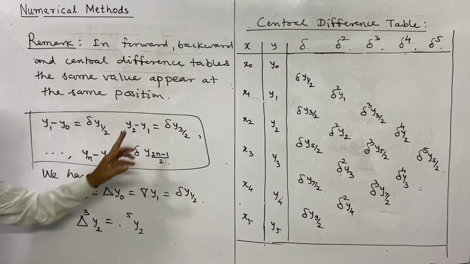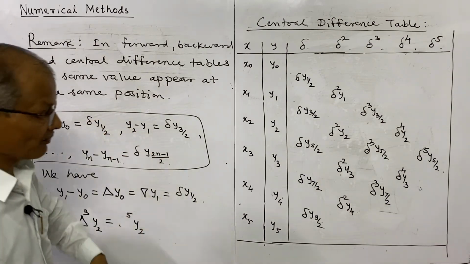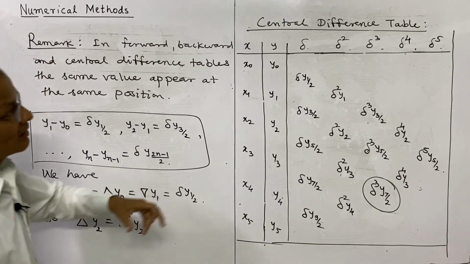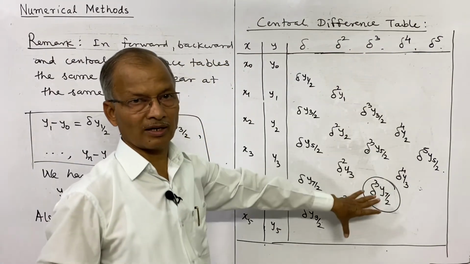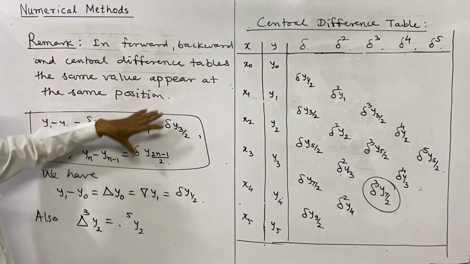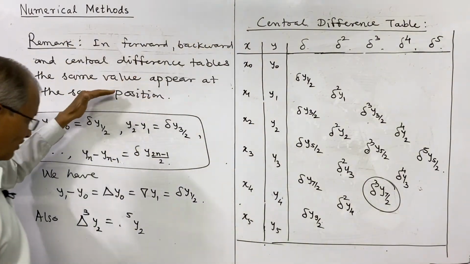You can check the corresponding position, the value. So this is third value, and that is third value in this column, or any value in any column. You can check this value will have the corresponding value in backward difference table and forward difference table.